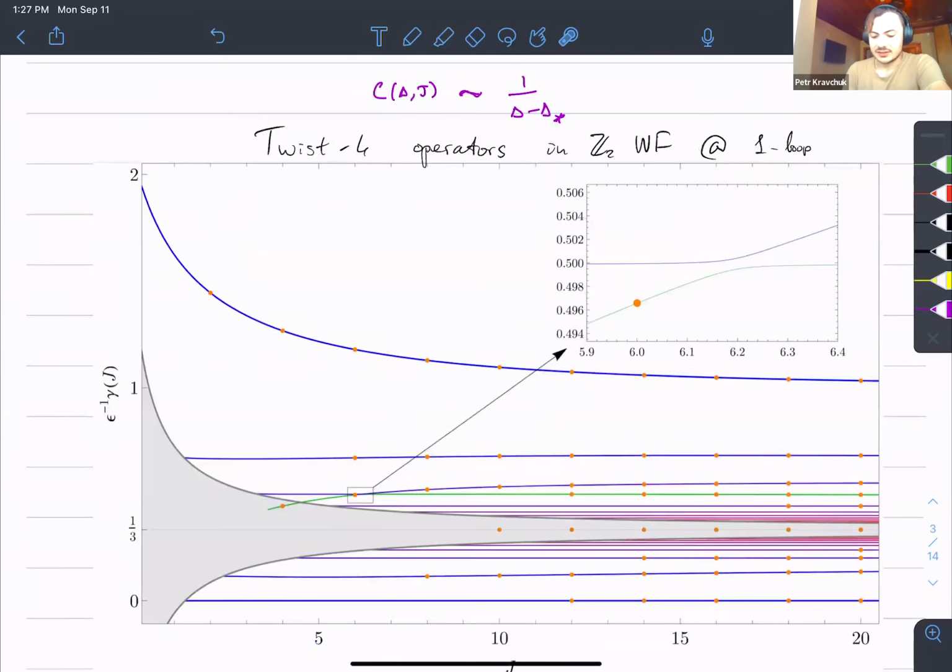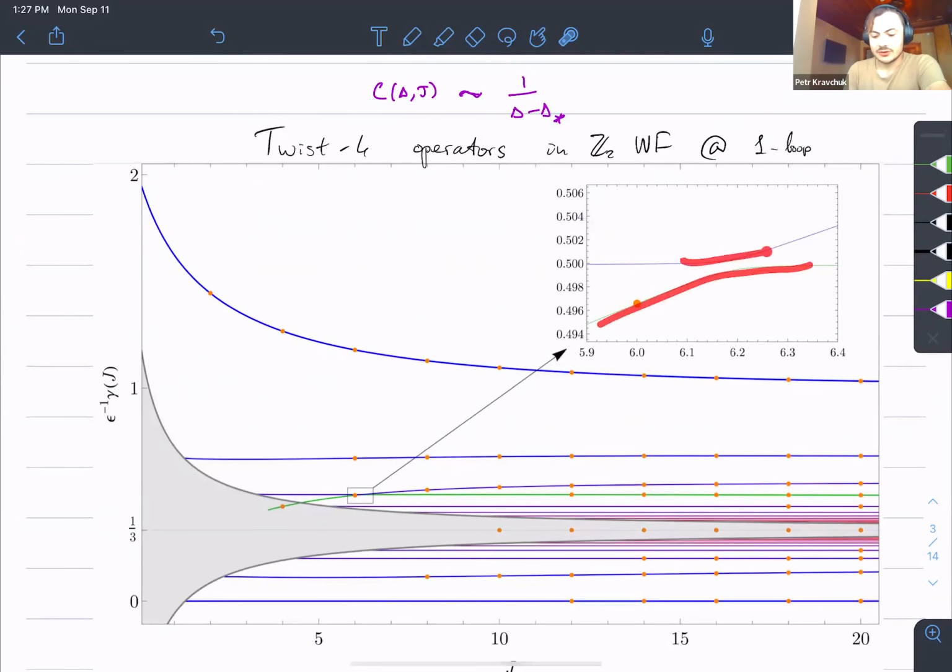But this sort of behavior, for example, shows you that this is not possible in general. Because what this near crossing tells you is that if you were actually to go off into complex spin J, you would see branch cuts. Whenever you have an avoided crossing like this, you can go in the complex plane and pass from one trajectory to the other through a branch cut. And having a branch cut means that whatever expansion you have from large J is not going to work on this side anymore.